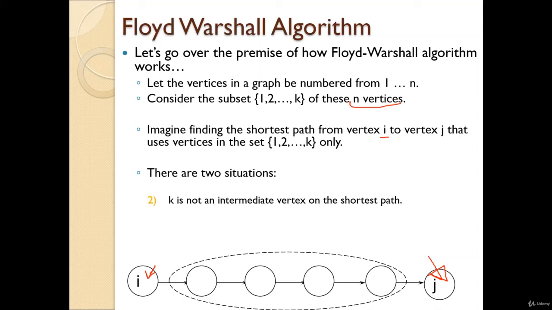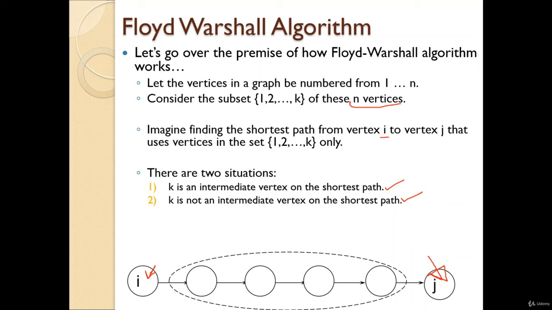In this situation, what will you do? You will consider two situations: K is an intermediate vertex on the shortest path, and K is not an intermediate vertex on the shortest path. What does that actually mean? An intermediate vertex is one which helps you find the shortest path.